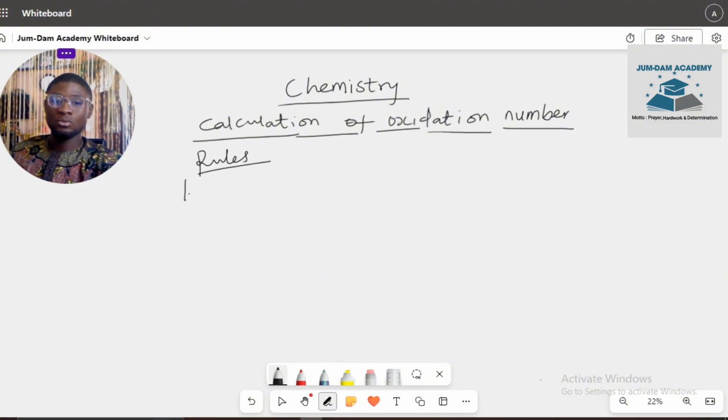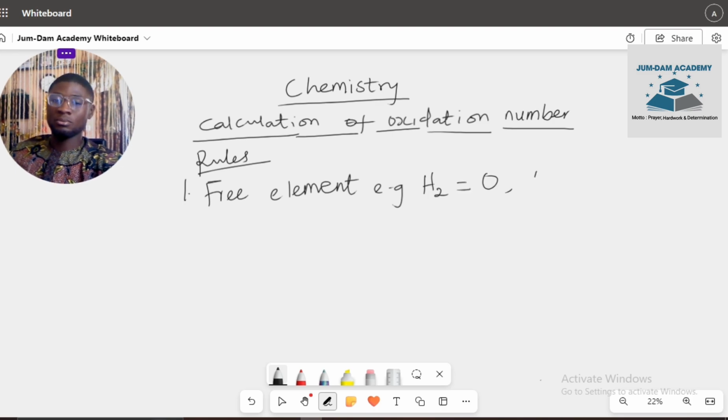Now the first rule, rule number 1, states that free elements, that is, elements in an uncombined state, have 0 as an oxidation number. For instance, e.g., let's say I have hydrogen. Here, the oxidation number of hydrogen, because it's just hydrogen, not combined with any other element, is 0.